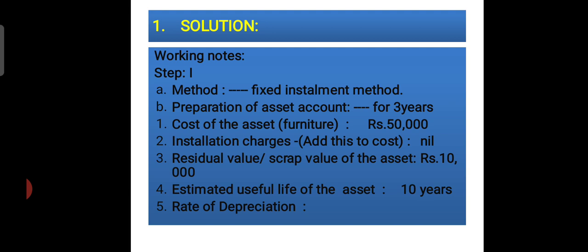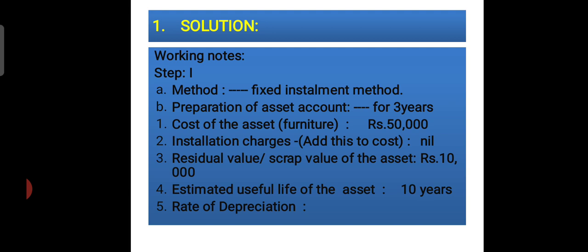If it is given, then we add that figure to cost of asset while calculating the depreciation. And the third point, residual value or scrap value of the asset, that is rupees 10,000.